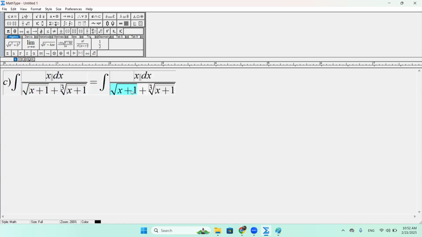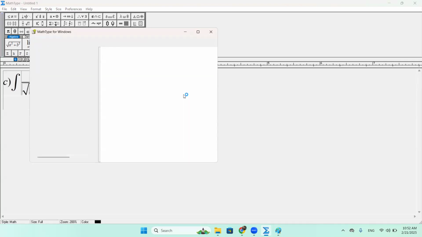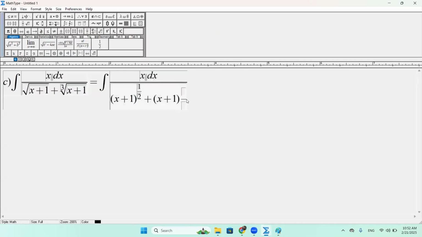So x plus 1 in power of 1/2, x plus 1 in power of 1/3. No, not power here. I just pressed F1 instead of 1, so that's why it's always appearing.